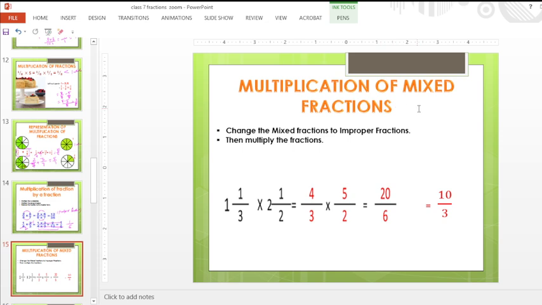Next is multiplication of mixed fractions. The concept is the same, students. Whether you're adding or subtracting, whenever you have a mixed fraction, convert it into an improper fraction. Here also, 1 by 3 means denominator 3 only. Multiply and add, right? 1 into 3, 3 plus 1, 4 by 3.